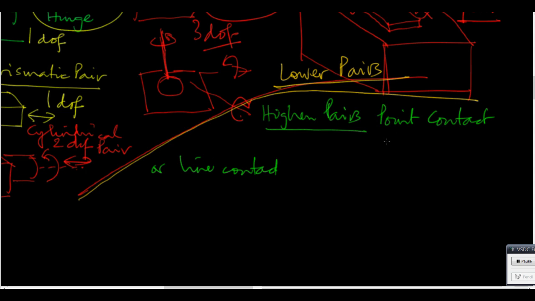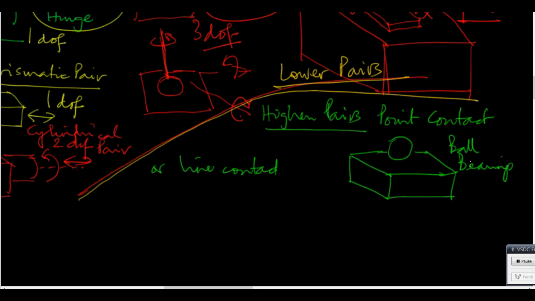Point contact you will see in balls on surfaces, right? So this is just a schematic. It's a sphere on a surface, but you see this is what you will see in ball bearings. Line contact you will see in cams.